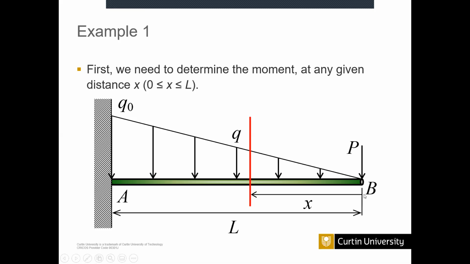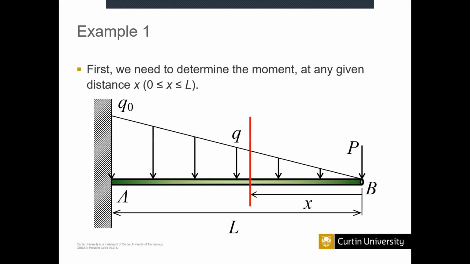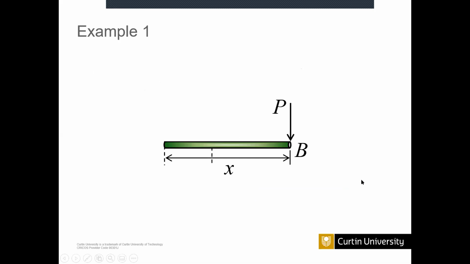So x can vary from 0 to L. Then we will consider this part only and derive the equations, because we don't want to worry about the other side. When x is L, it represents this point; when x is 0, it represents this point.